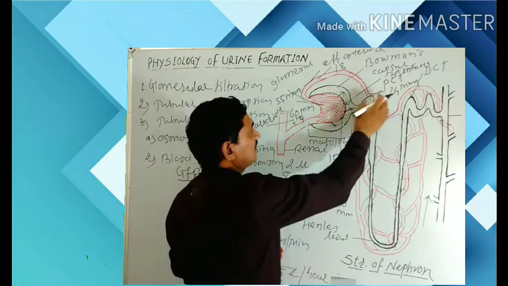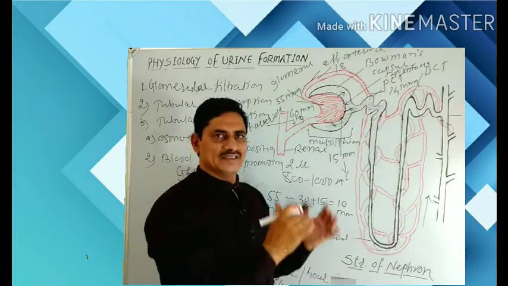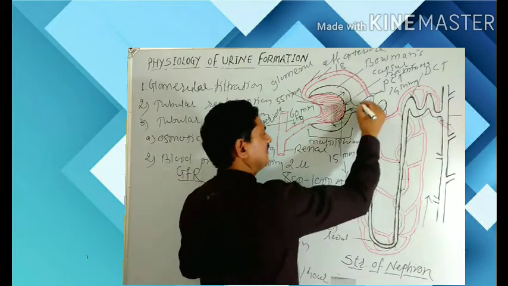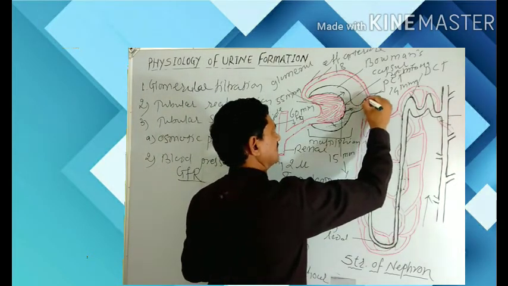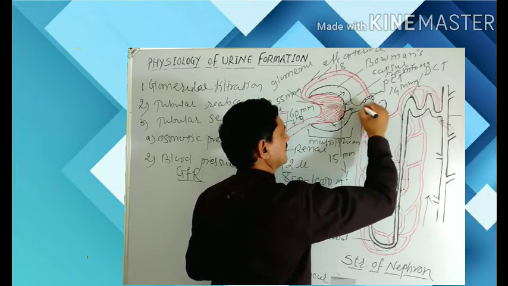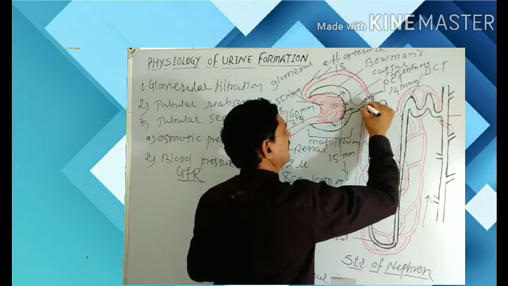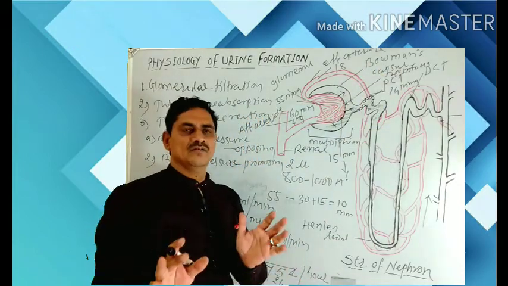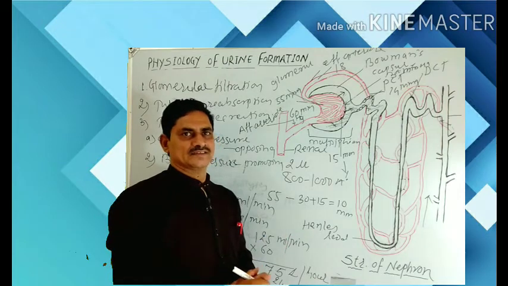The proximal convoluted tubule, which is present in the cortex region, is lined internally by columnar cells.